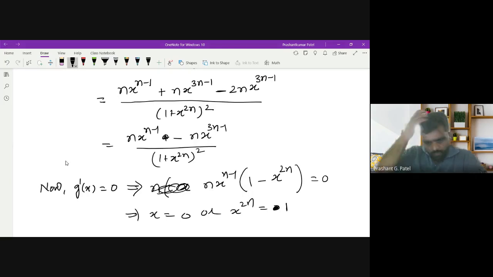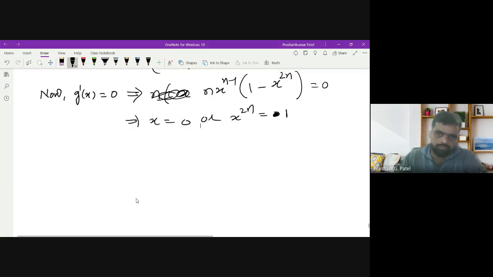So x is 0, or x will be 1, or minus 1 because it is x square power n. So it may give values x is 0, x is 1 or x is minus 1. All other values will be complex numbers, so we are not talking about that.